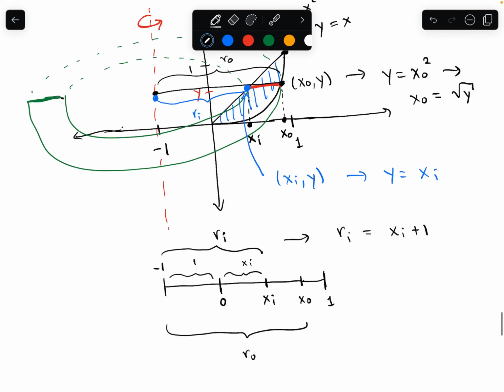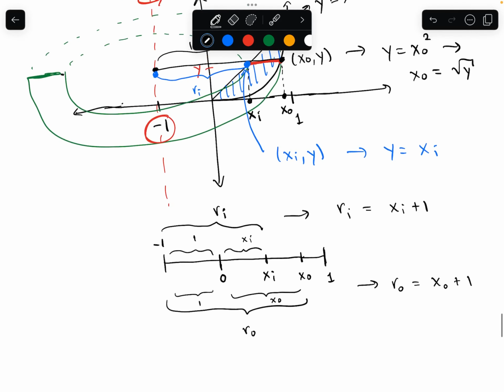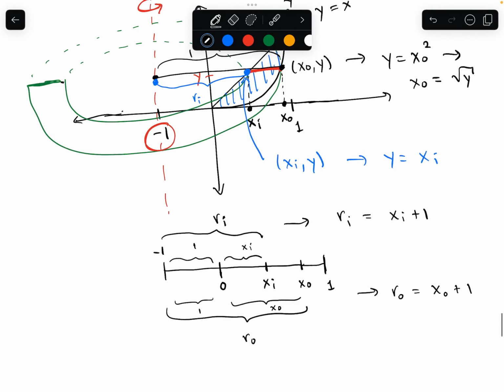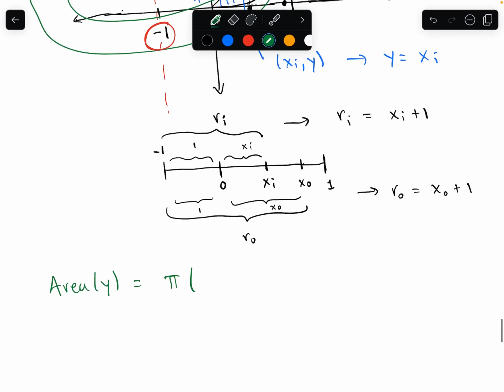And now, similarly, the outer radius, so that distance is 1, and now the distance from there is xo. This says that the outer radius is xo plus 1. That's the inner radius and the outer radius just from drawing a picture. Now we can compute the cross-sectional area at y, just pi times outer radius squared minus inner radius squared.